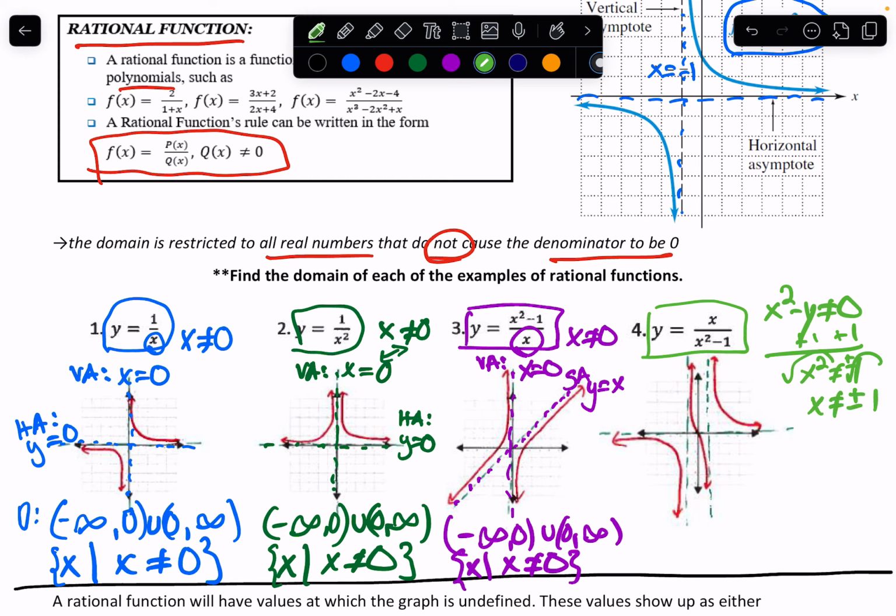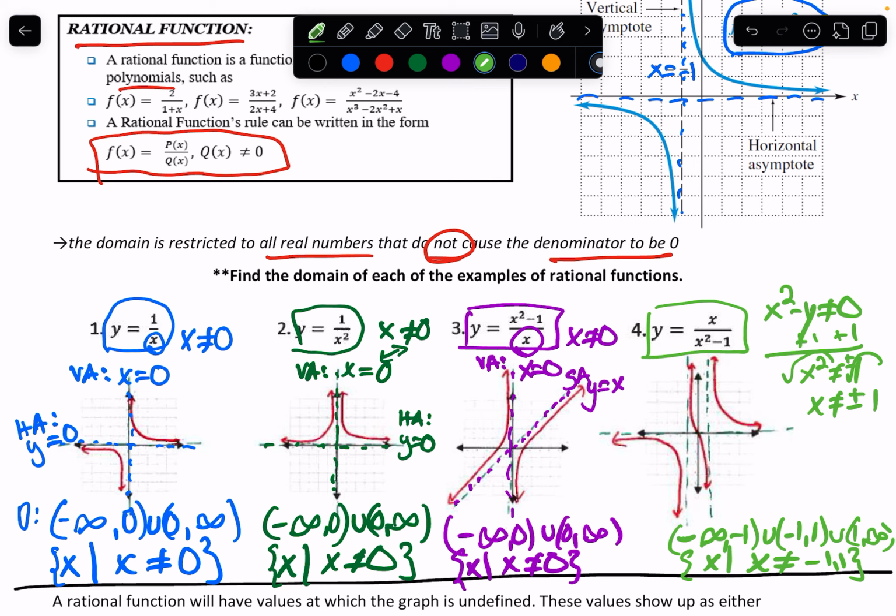So we need to rule out both of those. So our domain is going to be negative infinity to negative 1, or negative 1 to 1, or 1 to infinity. And if we write it in set notation, it would be x such that x does not equal negative 1 and 1.